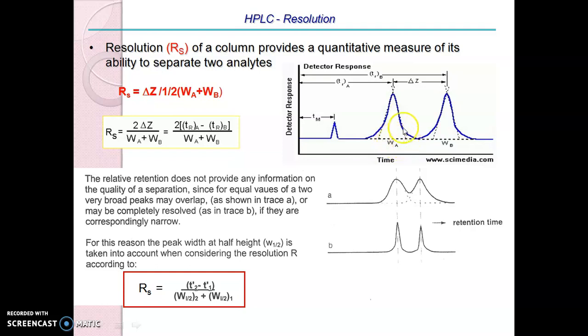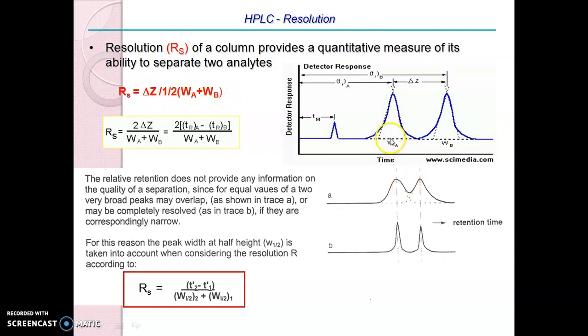Here WA is the base width of peak A, and WB is the base width of peak B. The formula for resolution is del Z divided by half of (WA plus WB).